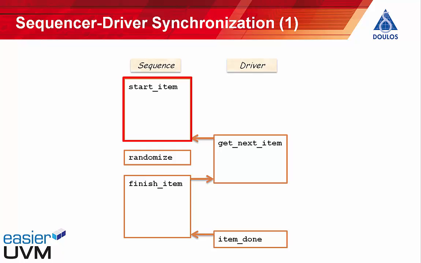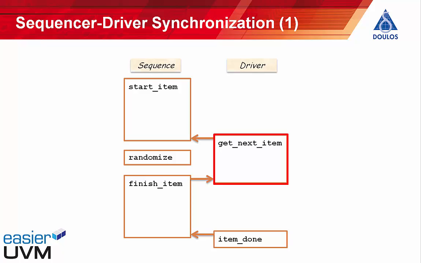So if we suppose start item is called first, start item will actually block until the driver calls getNextItem. When the driver calls getNextItem, that's the driver telling the sequence that it's ready to start wiggling pins. So at that point, we return from start item and the sequence gets a chance to randomize the transaction just before that transaction is released to the driver.